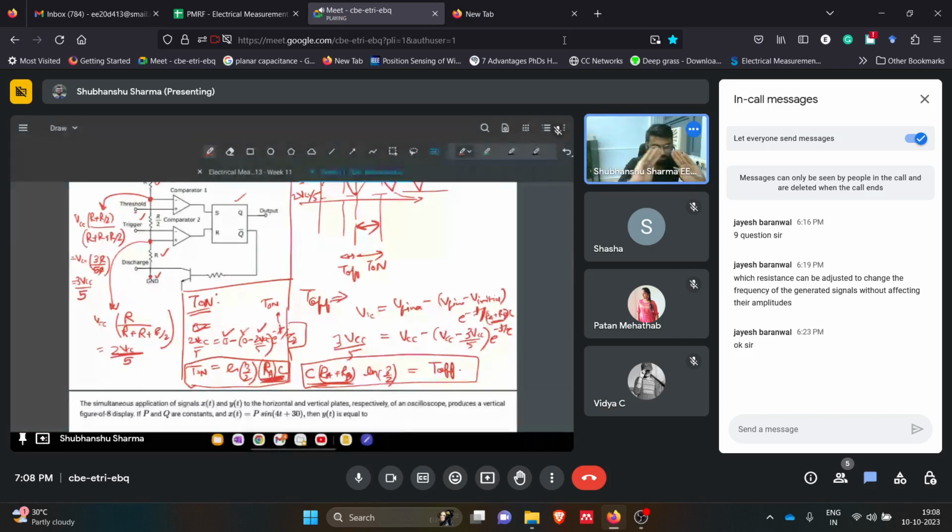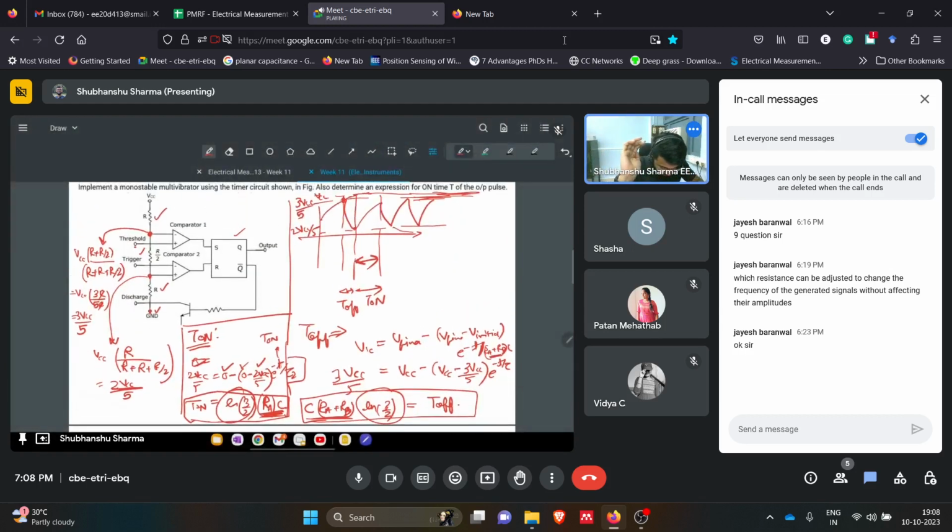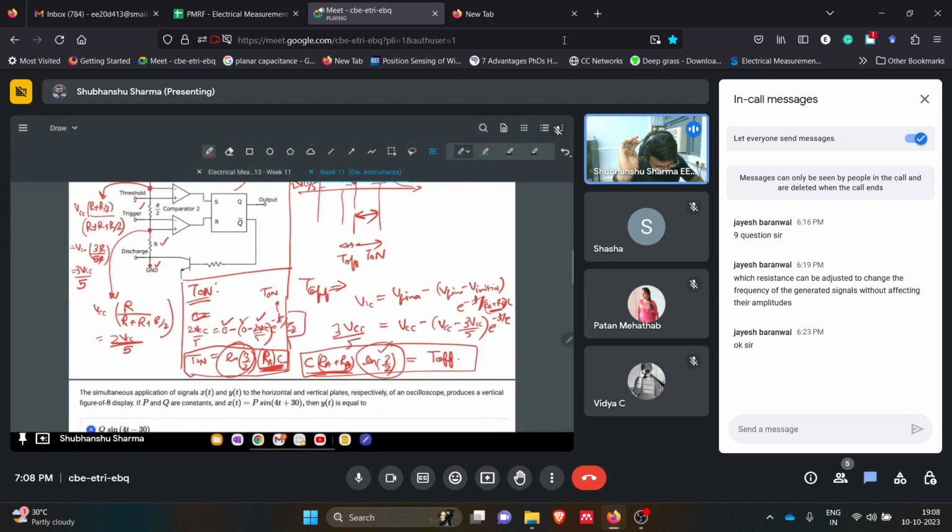This will remain constant, but this ln factor will change, so you have to be careful. Earlier it was ln of 2, but here it is ln 3 by 2.